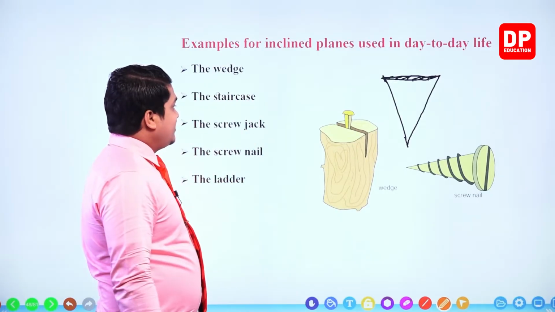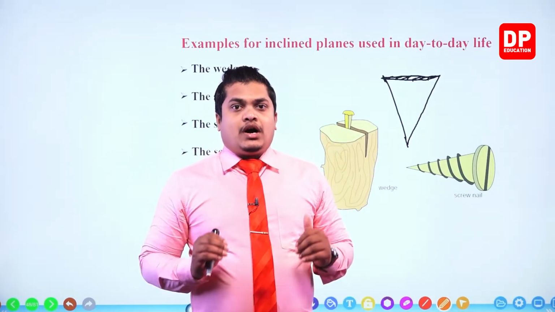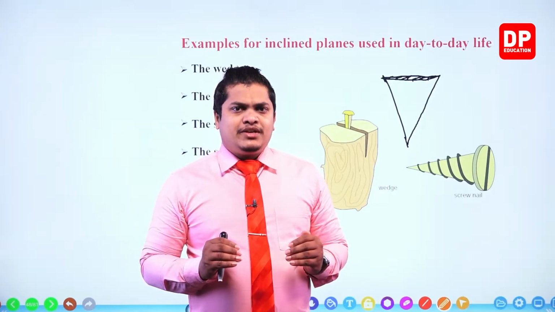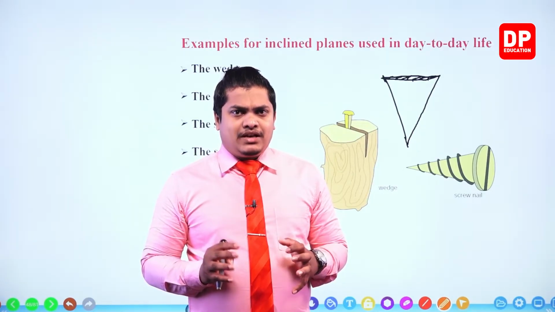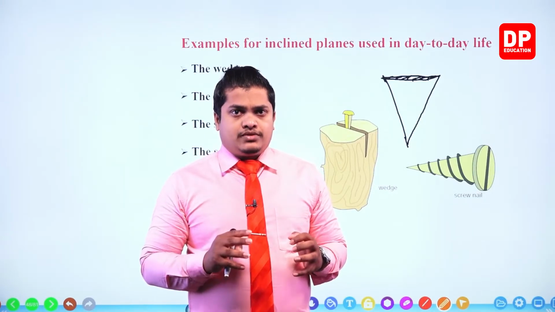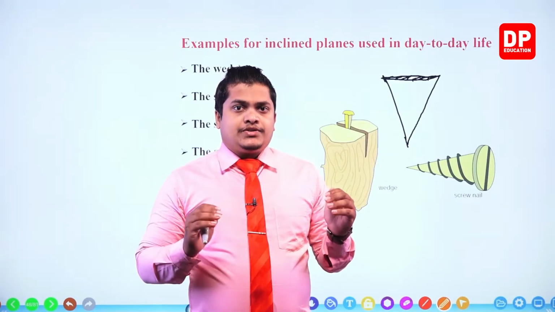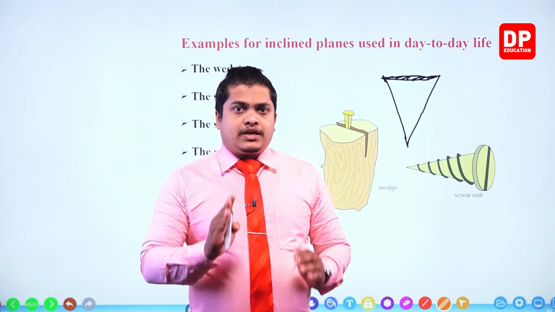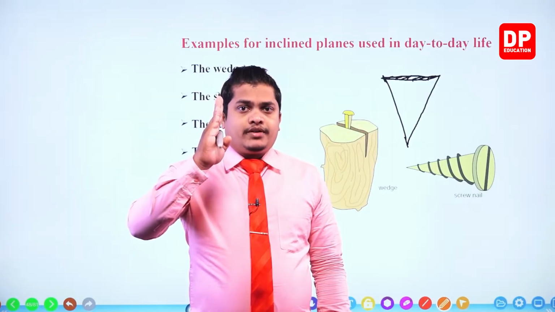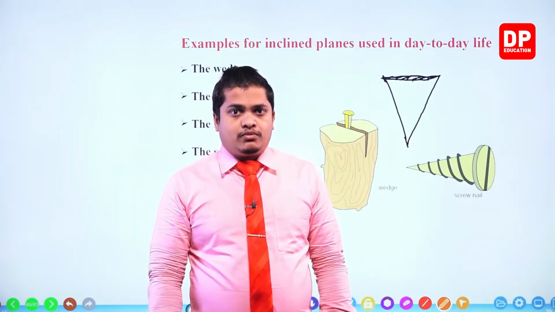Next one, the staircase. Even in your houses, you might have staircases. A staircase is used in our houses and buildings to move from one story to another. We are moving vertically upward, but we won't be able to move perpendicular to the ground directly.